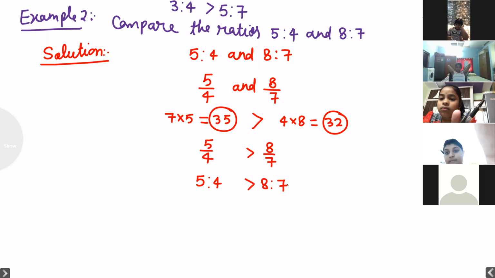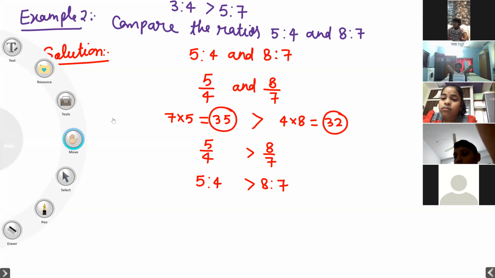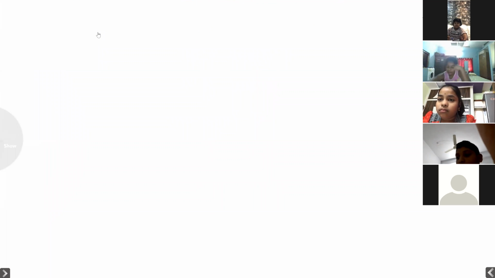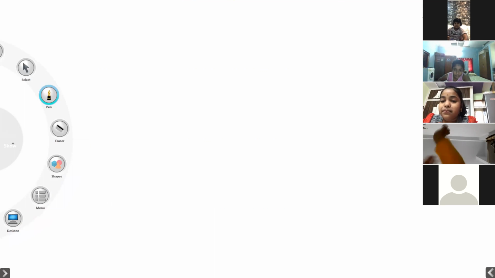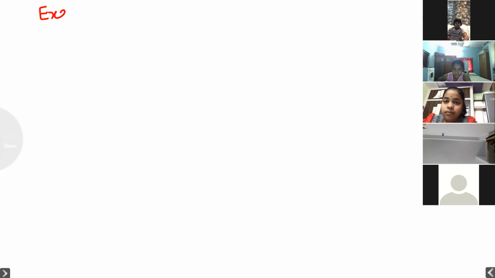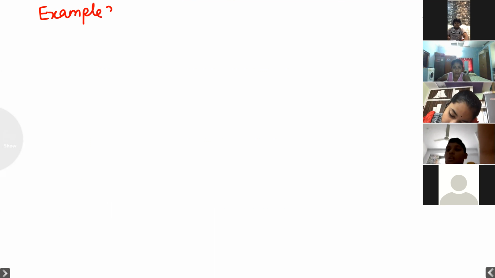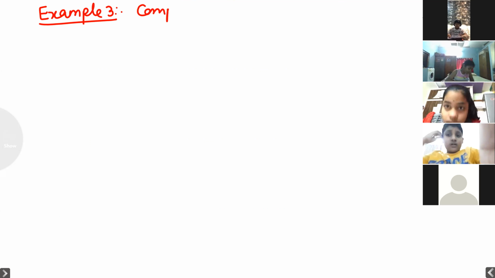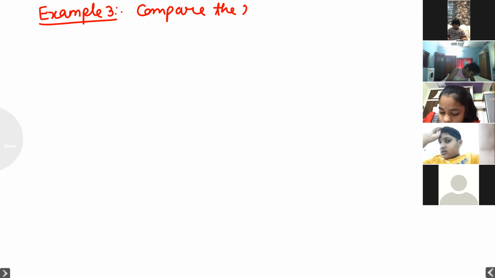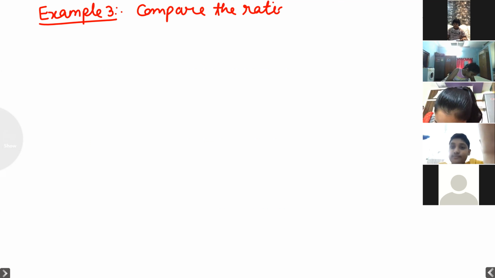Example 3, compare the ratios and arrange in ascending order.